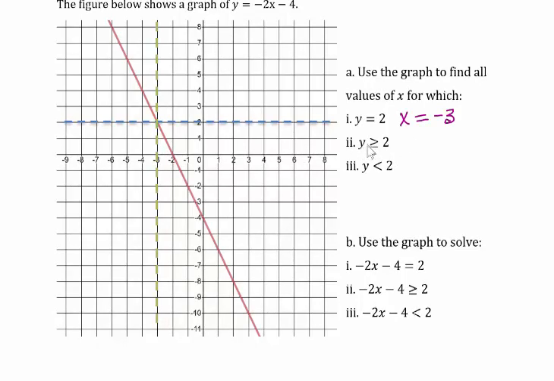Next, we want to determine when y is greater than or equal to 2. And so with that horizontal line we've drawn, we've split the graph into a region where the y's are greater than 2, or where y is less than 2.